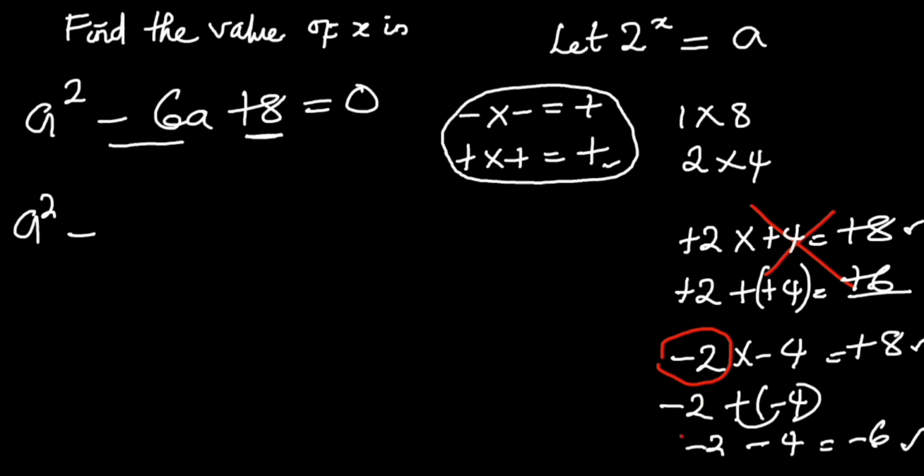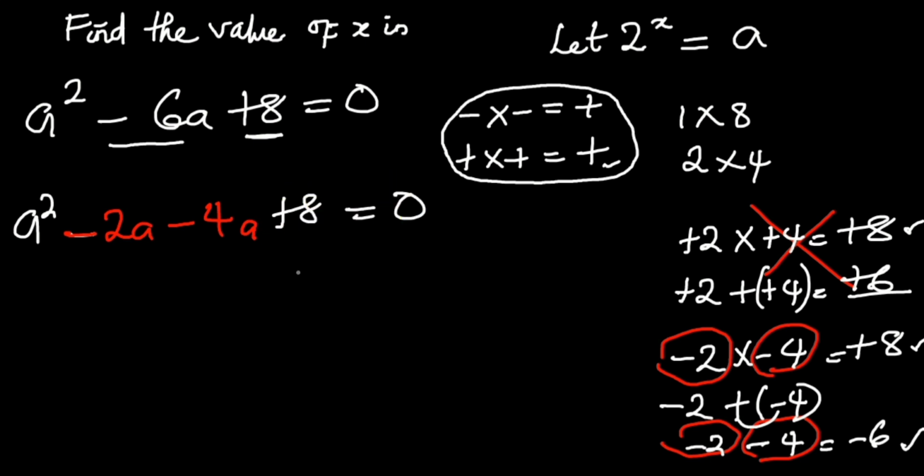We have -2 in this case, and the second factor is -4. So we're going to replace -6a by those terms. Let me write it in red so you see what we're doing. So this is -2a, and then -4a. We have successfully replaced -6a, then +8, and it's equal to 0.